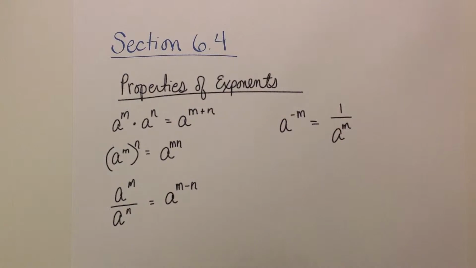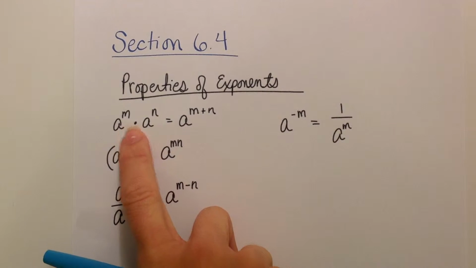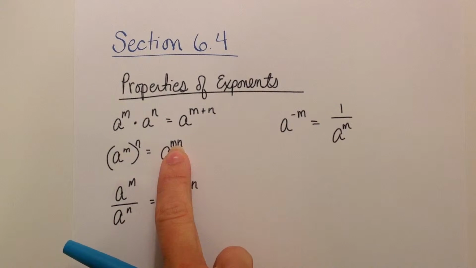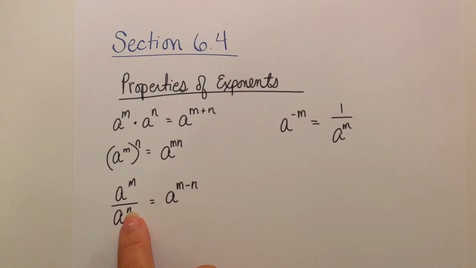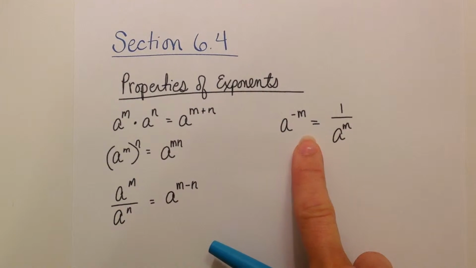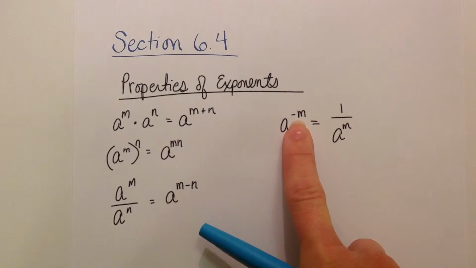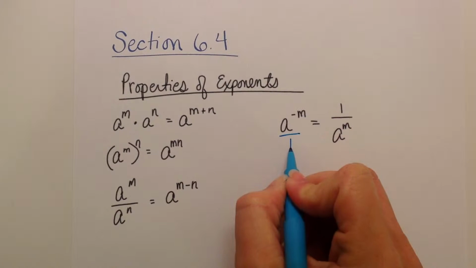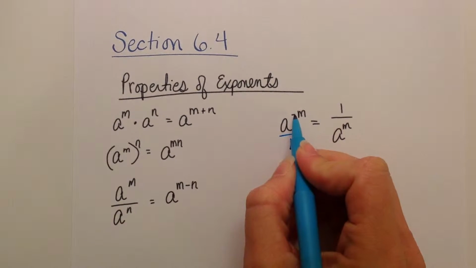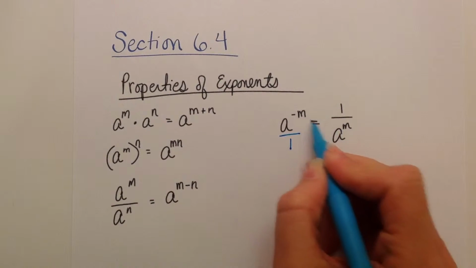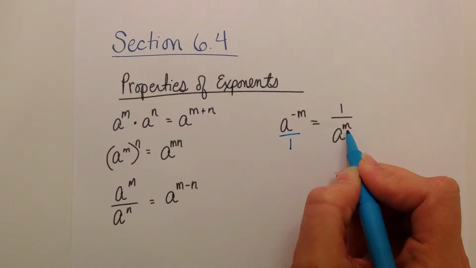But like the first one, for example, when you're multiplying, you're supposed to add your exponents, power to a power, you multiply your exponents. When you're dividing, you subtract your exponents. And this is the situation that when you have a negative exponent, then you need to move it. So for instance, this is understood to be over 1, so you're to take it and move it to the denominator, and when you do, it causes the sign of your exponent to go from negative to positive, okay?